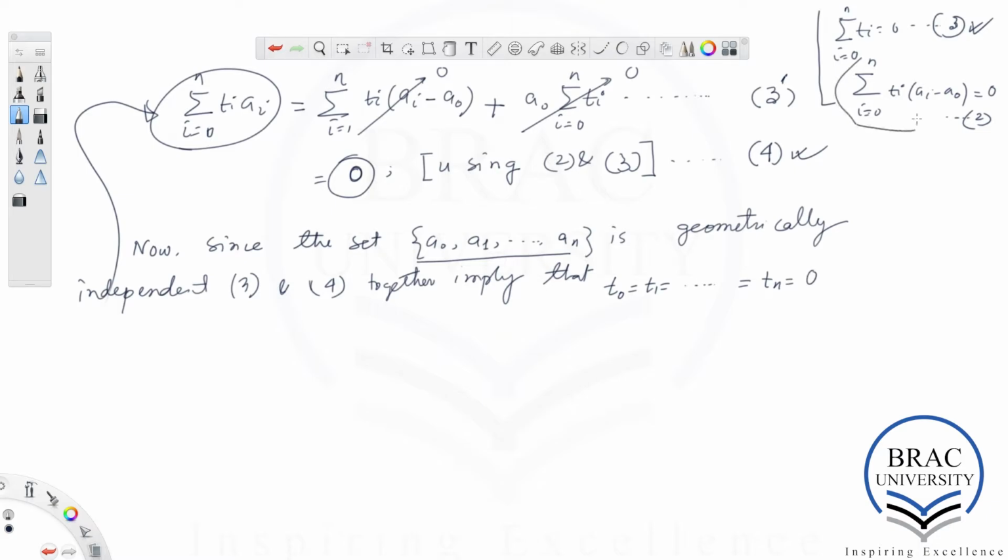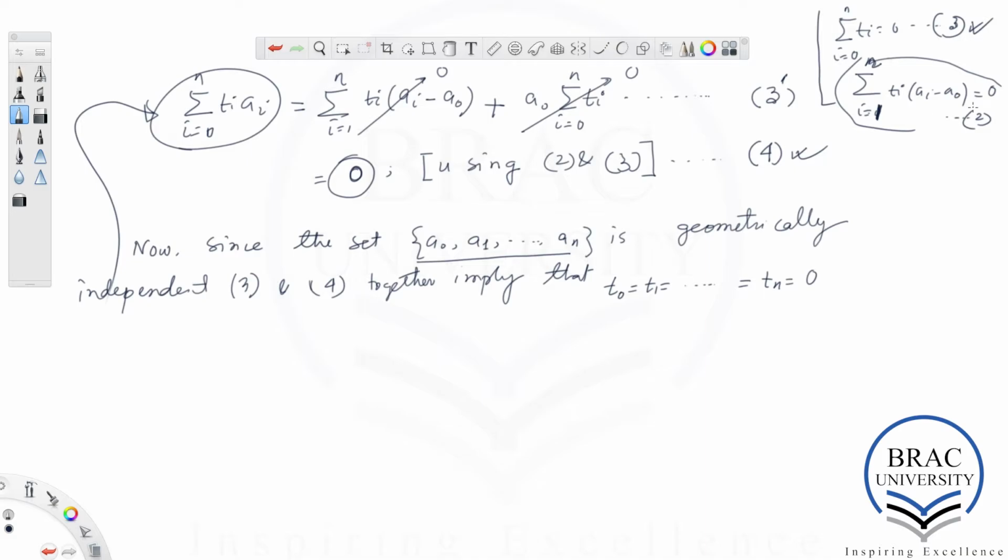Now this is equation 2. Since this holds and we have all these coefficients being identically 0, it is actually from 1 to n.